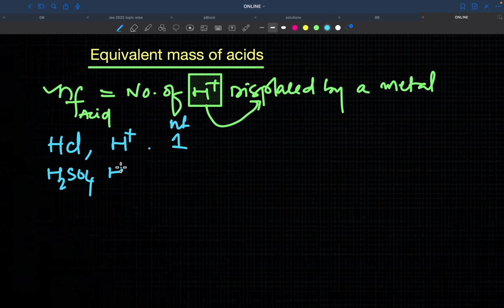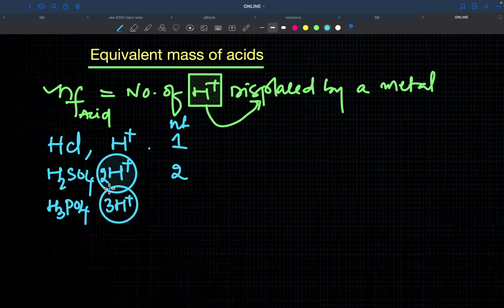How many H+ ions can be displaced here? 2, so the n factor is 2. We have H3PO4. 3 H+ ions can be displaced. What is the n factor? 3. Understood?